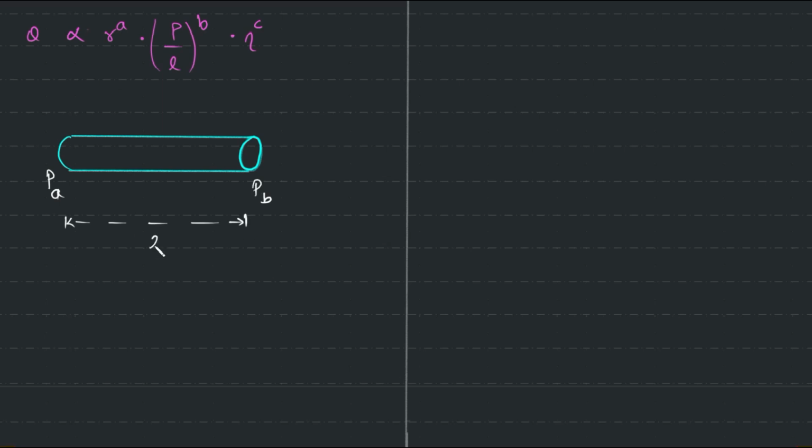If this is l, the difference in pressure, I'm writing it as P over there, is nothing but PB minus PA. If the water is coming out from here, it is PA minus PB actually. Pressure will be more over here. And l is the length. So if I take pressure per unit length, it becomes the gradient of pressure in some manner. So that's what P by l stands for.